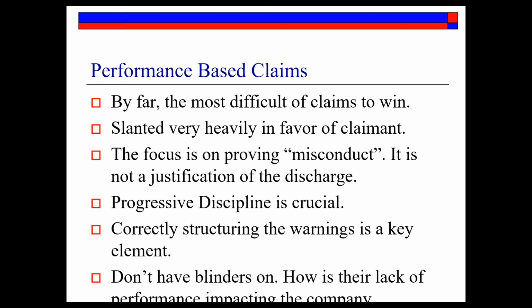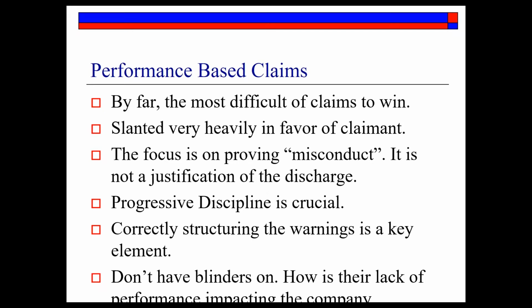The other thing is, don't have blinders on. One of the problems that most employers have when they're dealing with performance issues is that they're looking narrowly at the end result and focusing only on what the end result was. Their failure to perform their duties has an impact on your company in more ways than just not meeting that very specific goal.